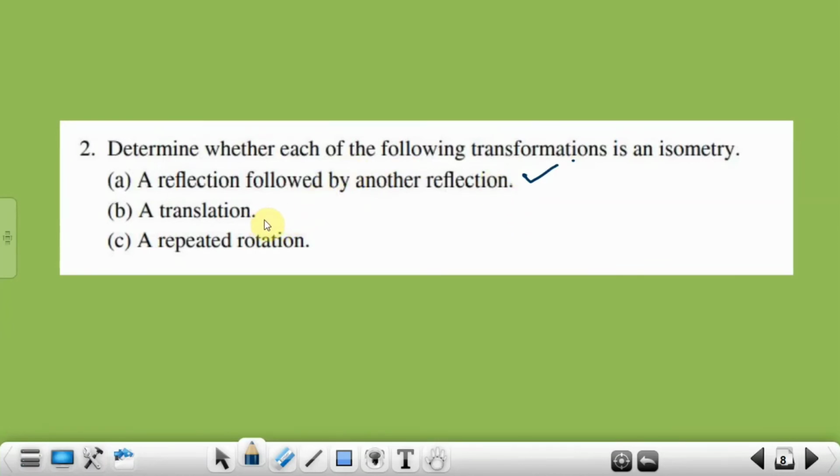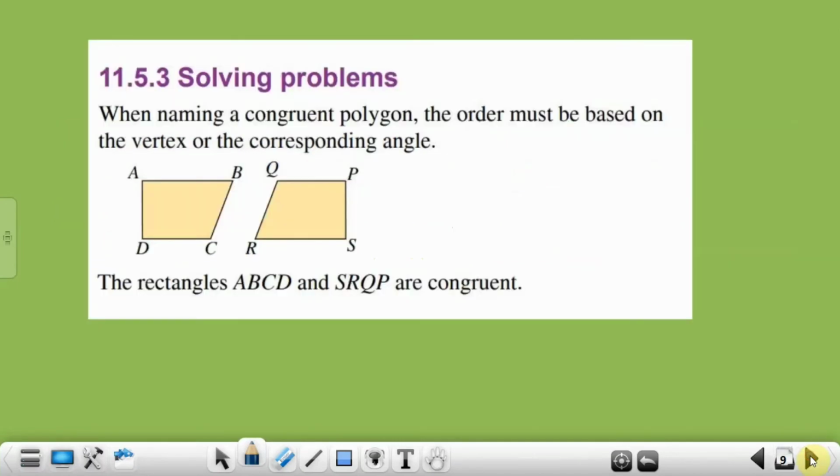Okay, a translation, yes, it is an isometry transformation. And C, a repeated rotation, means that we rotate it several times. So this is also an isometry transformation, because it does not change the size and the shape of the image from the object.